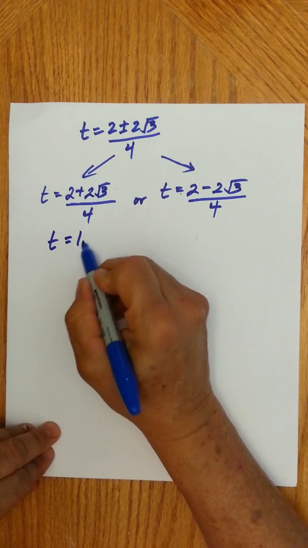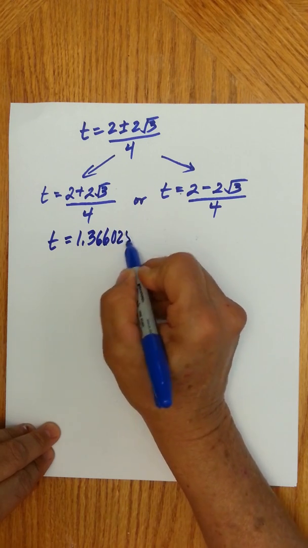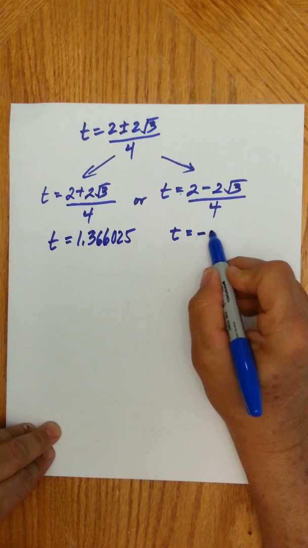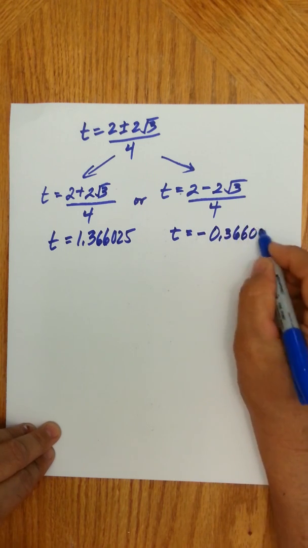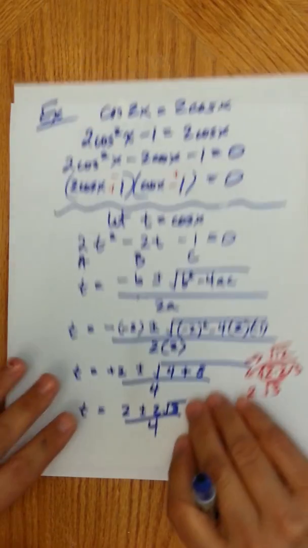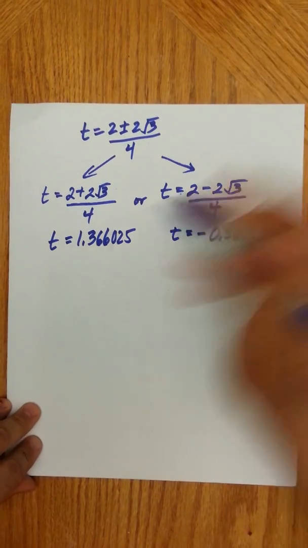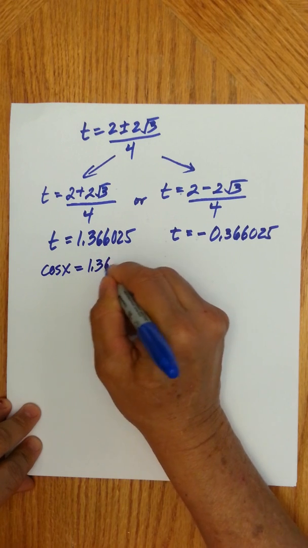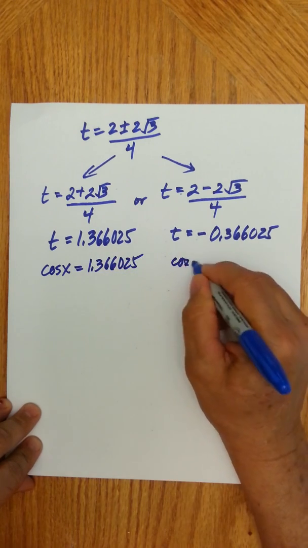Now, when I put this in my calculator, I should get t equals 1.366025, and here I'll get t equals negative 0.366025. But now remember, we did a substitution. I let t be cosine x. So I'm going to resubstitute, and say this is really cosine x, and this is also cosine x.